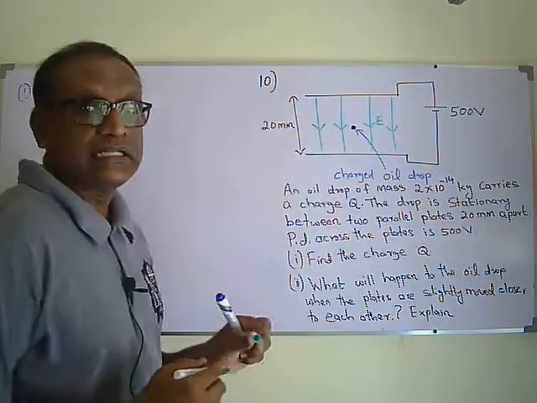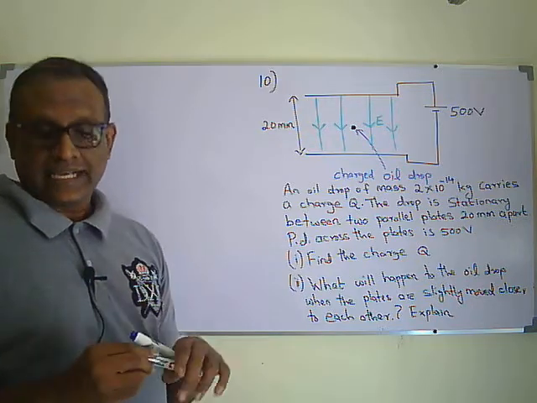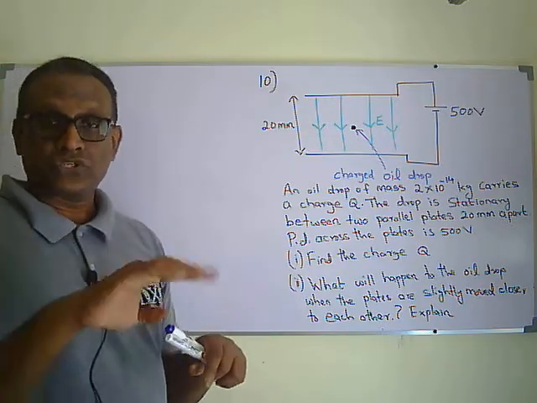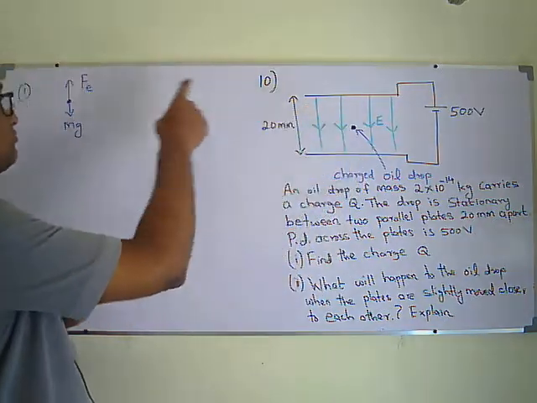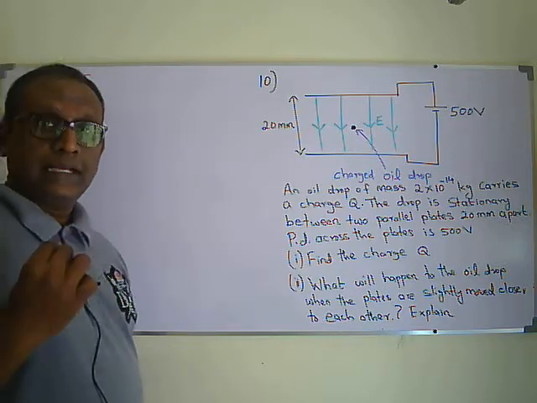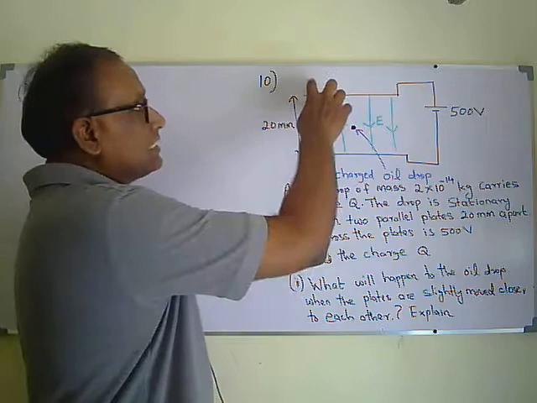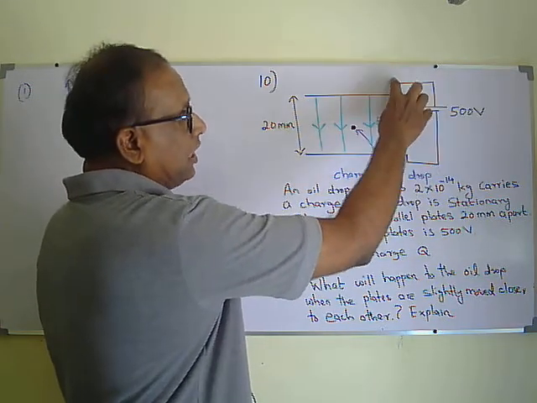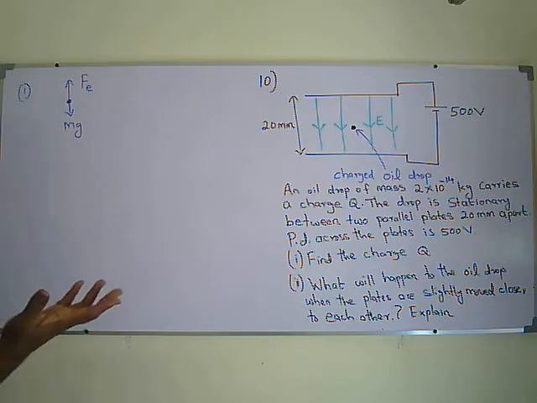We learned in the previous videos that negative charges always experience electrostatic force opposite to the field lines. So it experiences an upward electrostatic force, opposite to the direction of the field lines. That means it must carry negative charge, because this plate is positive, connected to the positive terminal.